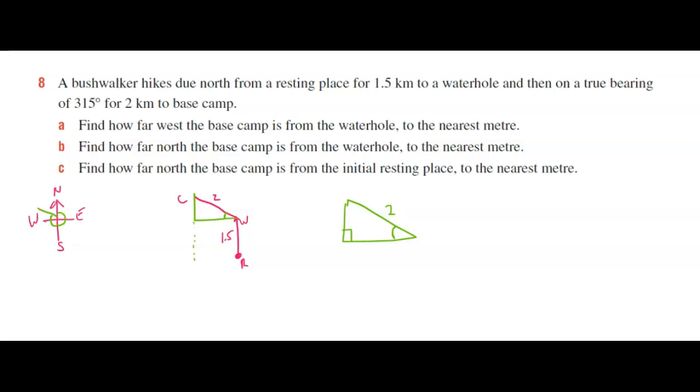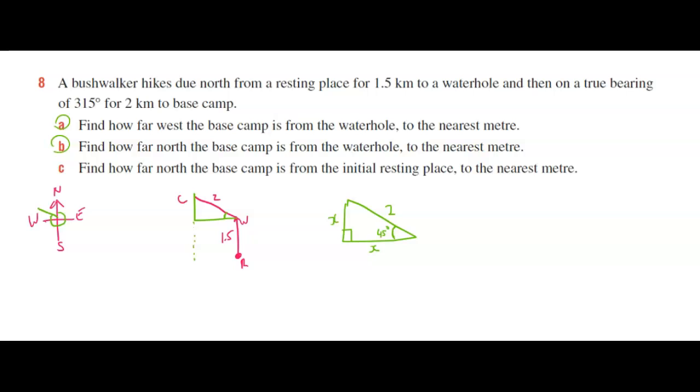So this angle in here is just 315 minus 270, which is 45, and we love 45 because it now makes it a nice isosceles triangle. So this distance here, which if I call that x, is also the same as this distance here. So you're basically going to get the same answer for A and B. And then for question C, you're just adding on the 1.5.